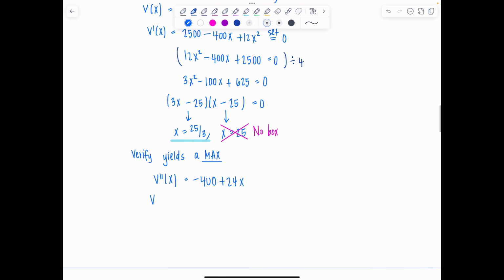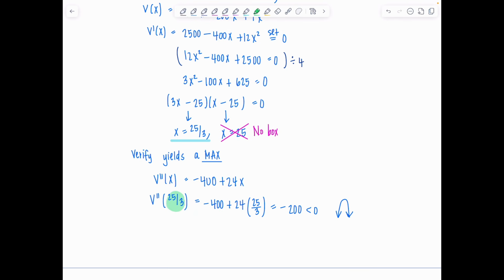I substitute in my critical value, which is 25 over 3, and I want to check whether or not this is going to be positive or negative. So negative 400 plus 24 times 25 over 3, this is going to be negative 200. So why is that important or useful? Well, remember the second derivative tells us about the concavity of our graph. So if the second derivative is negative, that means our graph is concave down at this point, at 25 over 3.